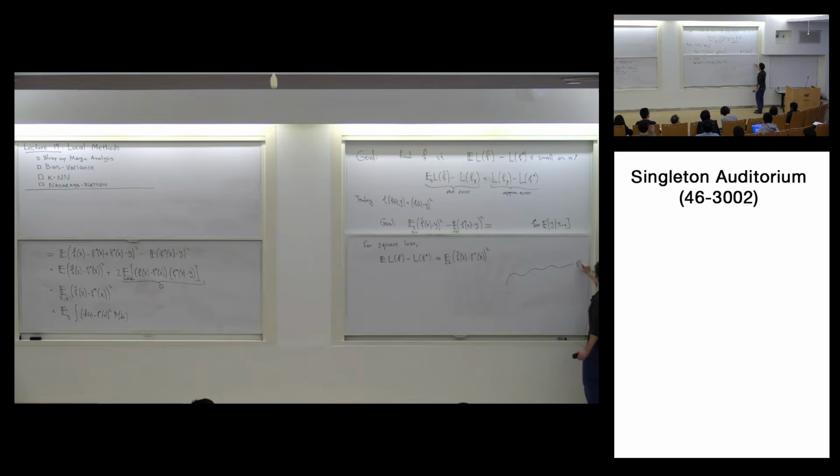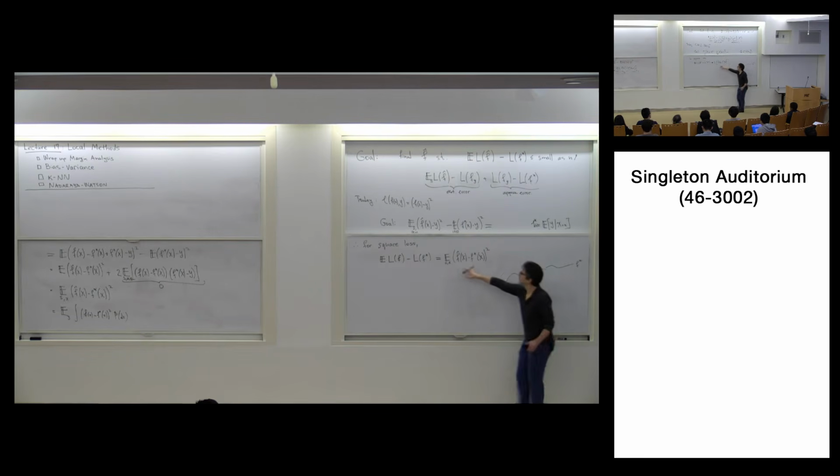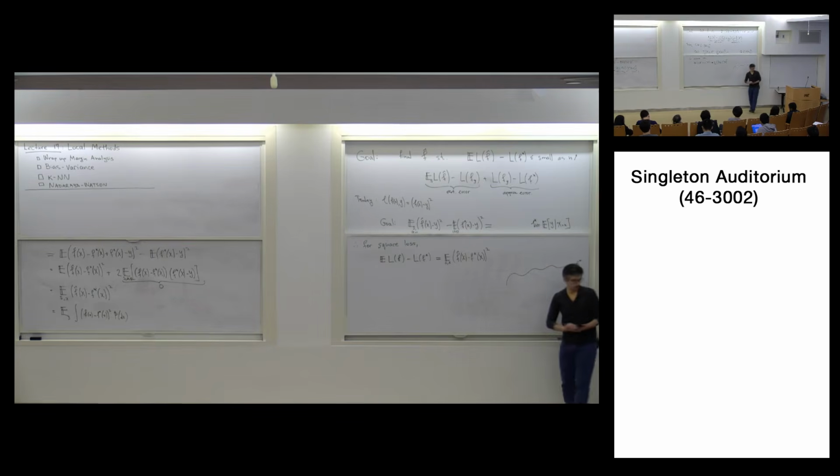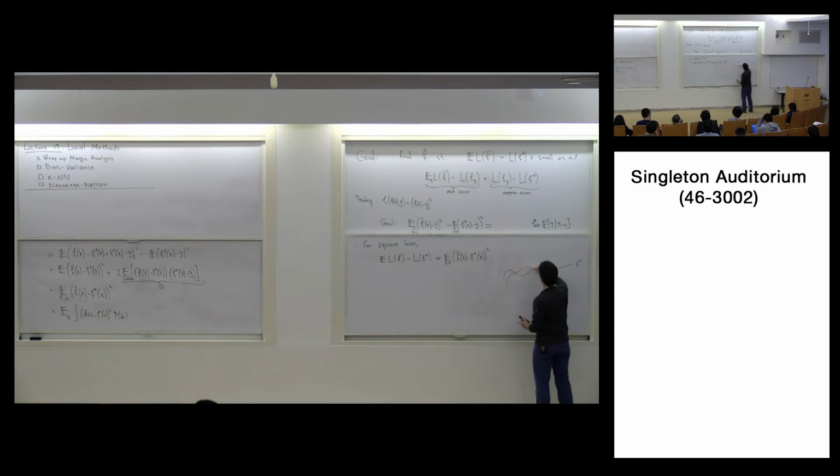This is f star. That's the mean of y given x. F hat is some other function that you created. You take a neural network, that's a function. You take a kernel machine, that's a function, right? You train it with data, and you get some other thing. So that's f hat.